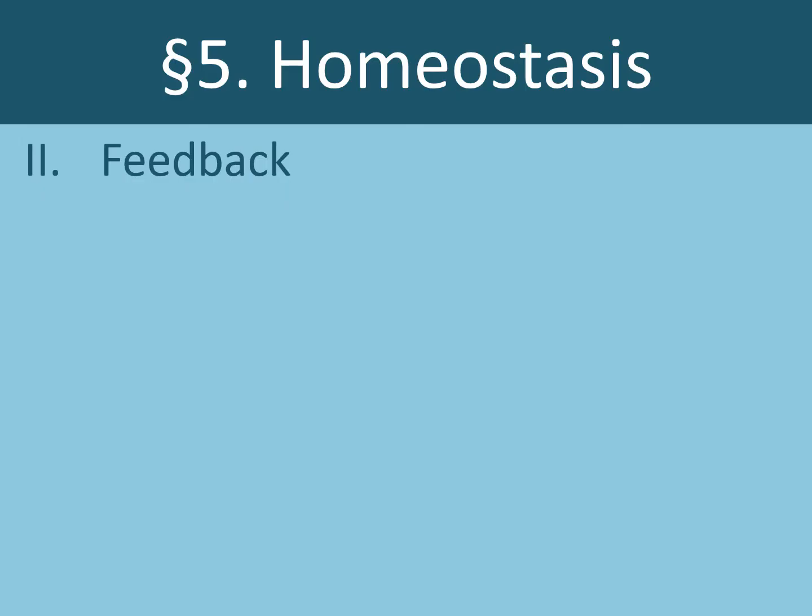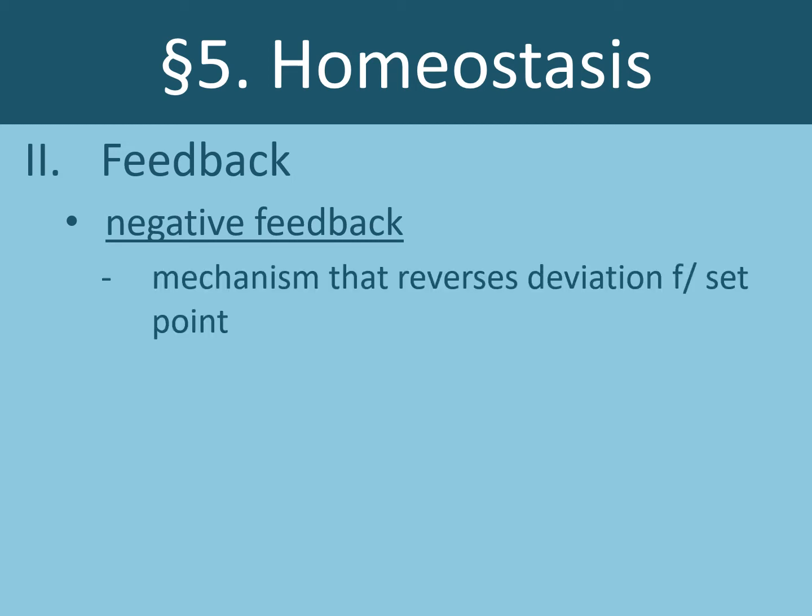Another concept I'd like you to know in homeostasis is the idea of feedback. Feedback can be divided into two different types: negative feedback and positive feedback. Negative feedback mechanisms are those that reverse a deviation from our set point. So for example, our body temperature is normally 98.6 degrees Fahrenheit.